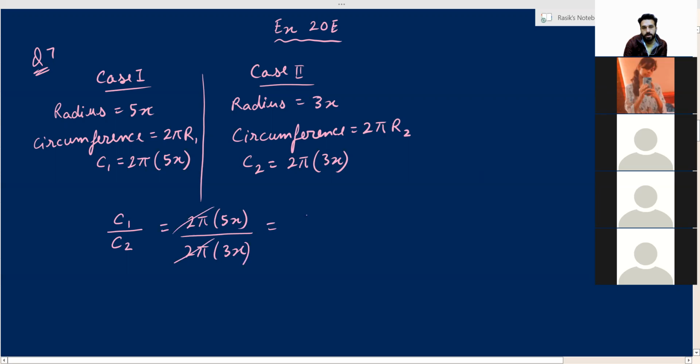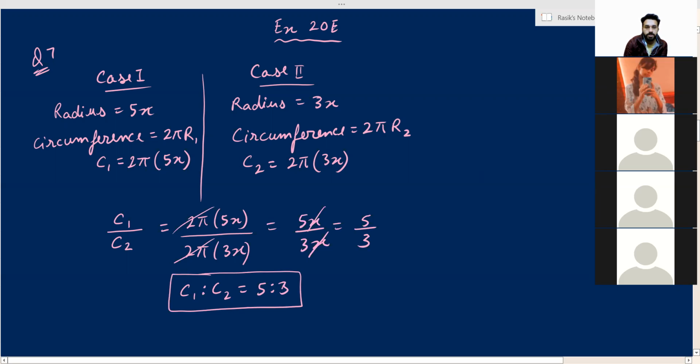It becomes 5x upon 3x. X cancelled. 5 upon 3. Can we say that the ratio of the circumferences of the two circles is also 5 is to 3? Yes, sir.